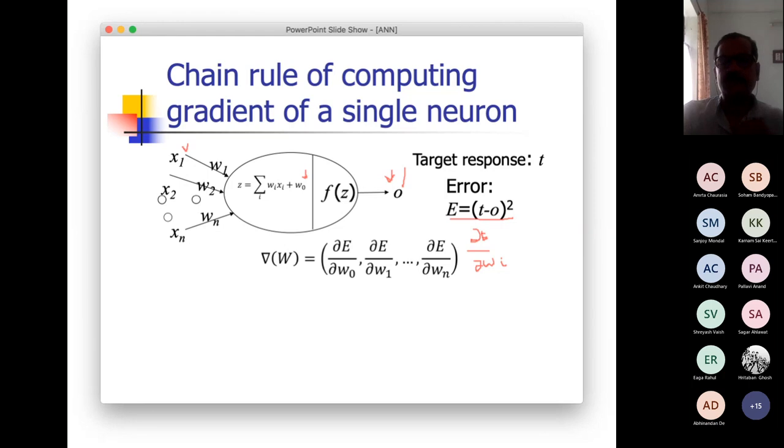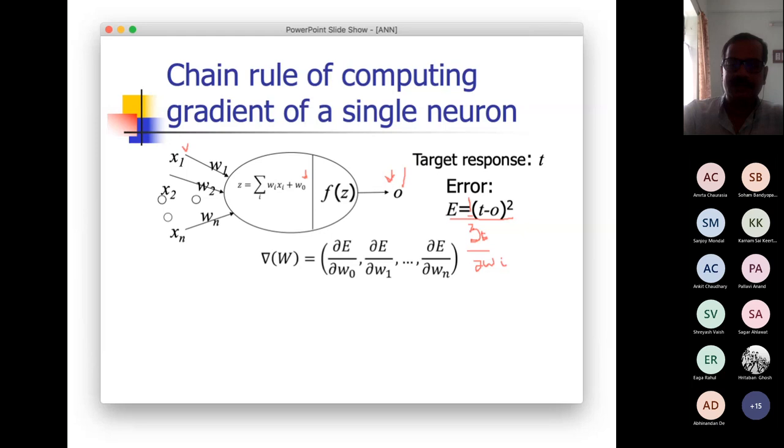For delta E by delta O, in this case it is a quadratic function, so it is very simple, like twice of (t minus O). In fact, to cancel the 2, sometimes we take the function as half of (t minus O) whole square. In many cases we do it so that the 2 gets cancelled, and the gradient is simply minus of (t minus O), because there is a negative sign.